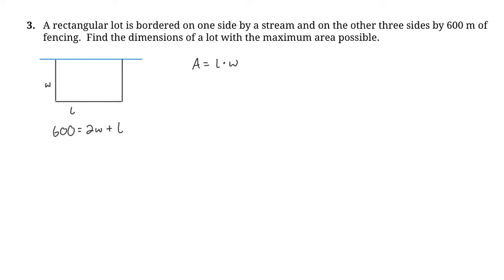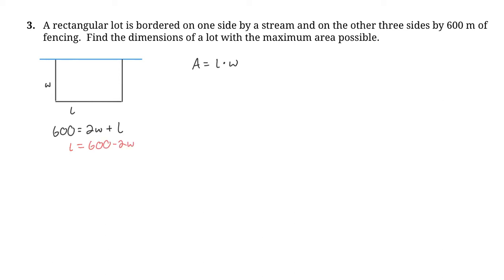Well, we know that 600 is equal to 2W plus L, so we can probably rearrange this equation and isolate one of the variables. It would be easier if we just isolated for L, because it has a coefficient of 1. So if you isolate for L, we're just going to get that L is equal to 600 minus 2W.